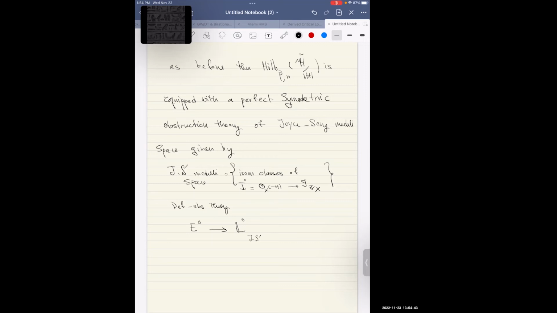And this E dot, in fact, happens to be the one whose cohomologies capture Ext^i of I dot. So this is going to be as follows.